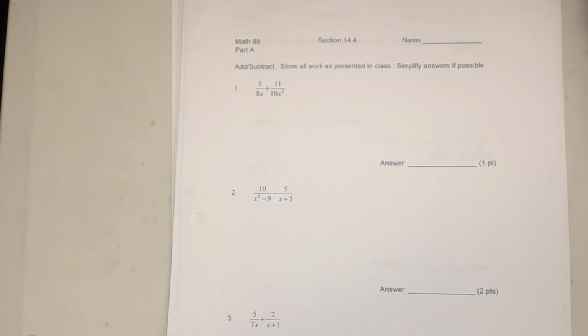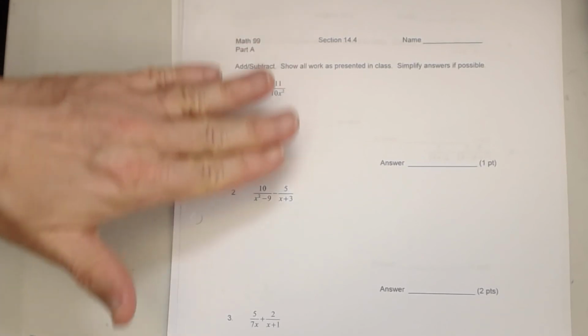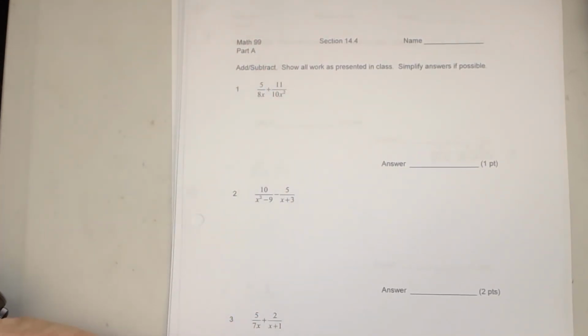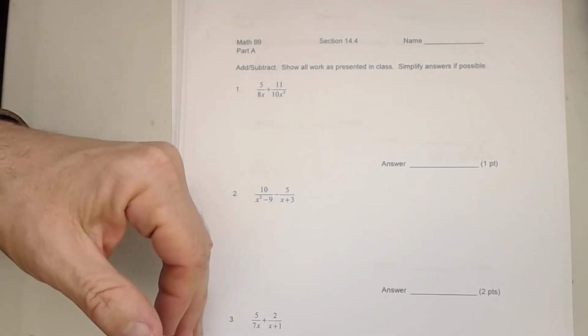So work on this. You have plenty of time to do this because what's going to happen next class period is this. These were adding and subtracting rational expressions, correct? Yeah. Now next class period we're going to start solving rational equations.